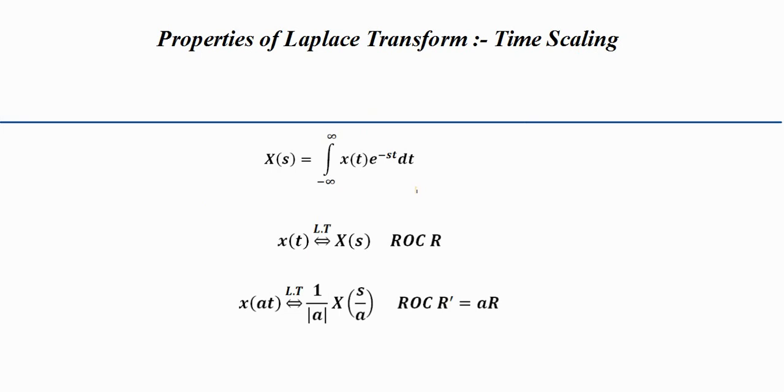Okay, so this is the general equation for finding the Laplace transform: X of s is equal to the integral from minus infinity to infinity of x of t e raised to minus st dt, and assume that X of s is the Laplace transform of the signal x of t, and the ROC is represented by the letter R. Now we can see that there is a signal which is a time scaled version of signal x of t, represented as x of at, and this a can be positive or negative.